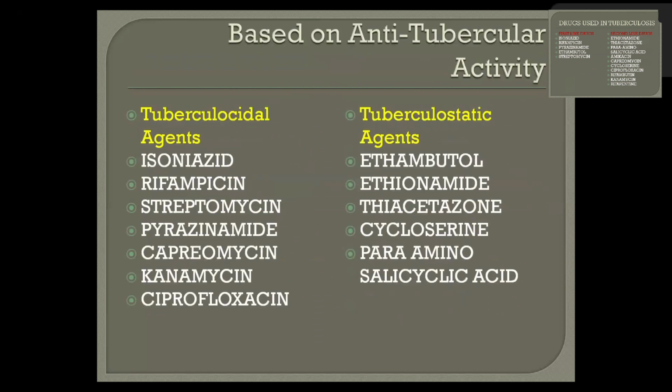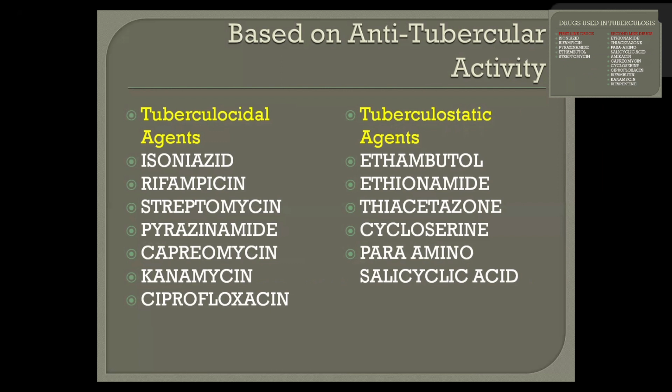Then there is one more classification, based on anti-tubercular activity. These anti-TB drugs are classified into tuberculocidal agents and tuberculostatic agents. I hope you remember the antimicrobial agents. When we studied antibiotics, there was a classification that antimicrobial agents are divided into two categories: bactericidal agents and bacteriostatic agents.